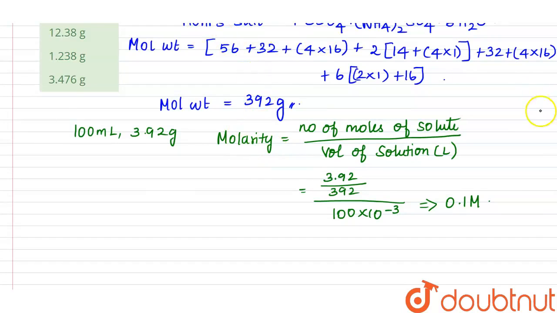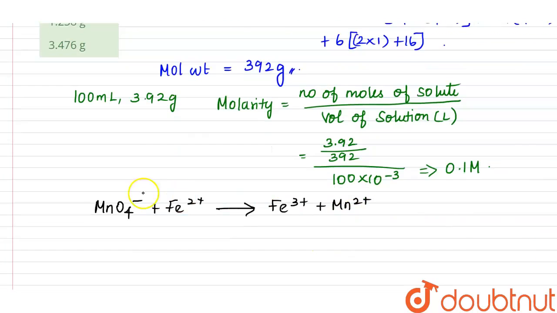Next, the general oxidation reaction when we titrate KMnO4 against Mohr's salt: MnO4 minus plus Fe2 plus gives Fe3 plus and Mn2 plus. Here there is a change in the oxidation state, because manganese has +7 oxidation state and it converts into Mn2 plus, and iron goes from Fe2 plus to Fe3 plus.